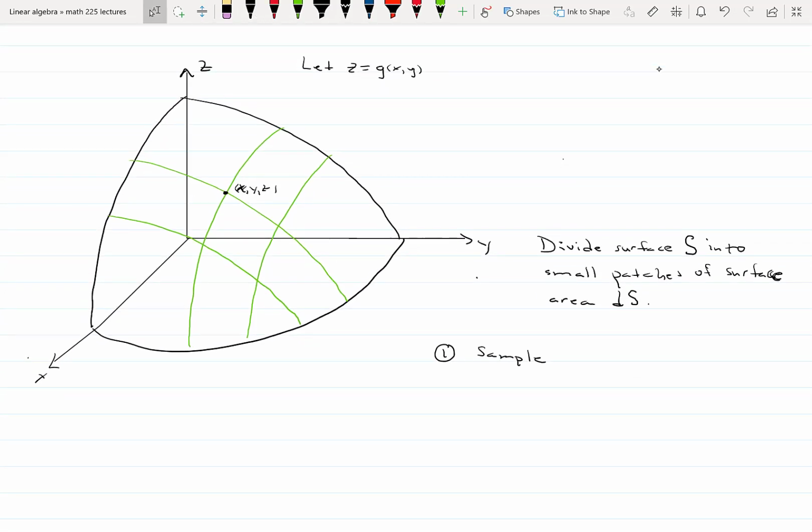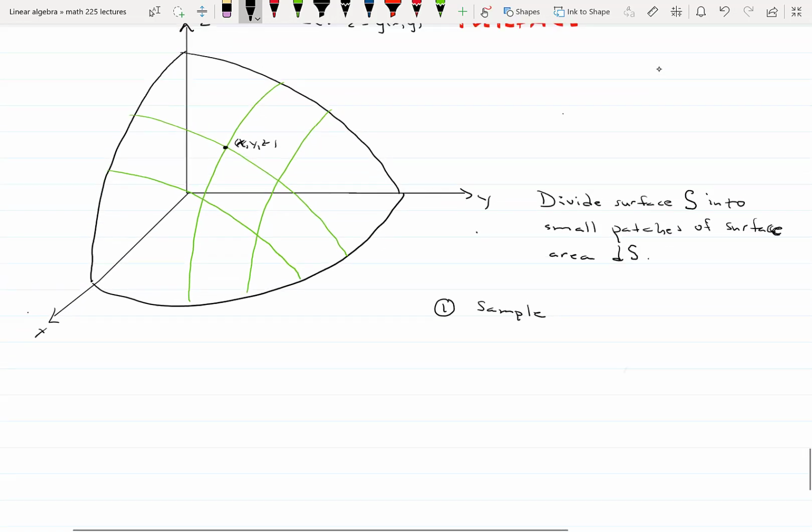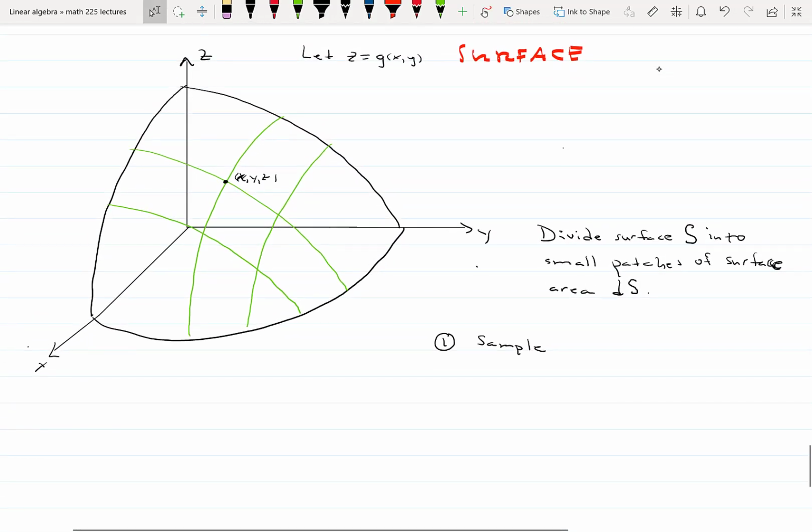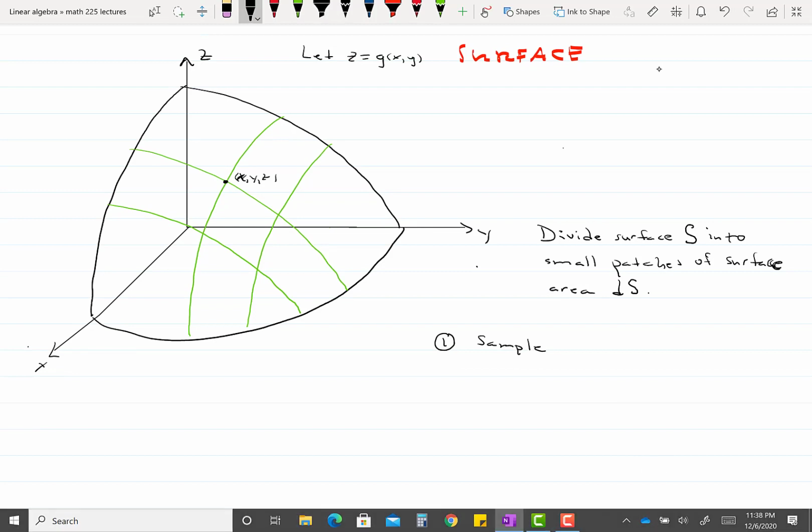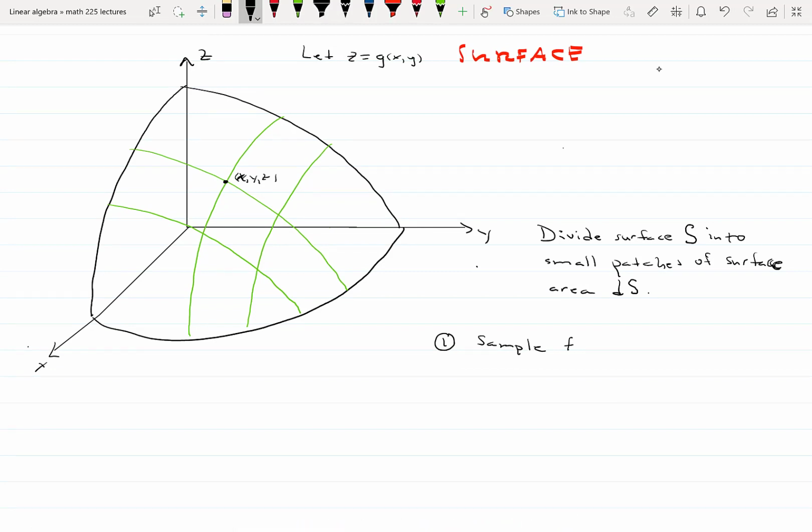The surface has equation z equals some g of x, y. We sample some additional, different function, and the function is not of two variables. The function is of three variables. We sample f of x, y, z. We sample the function f at the point x, y, z.